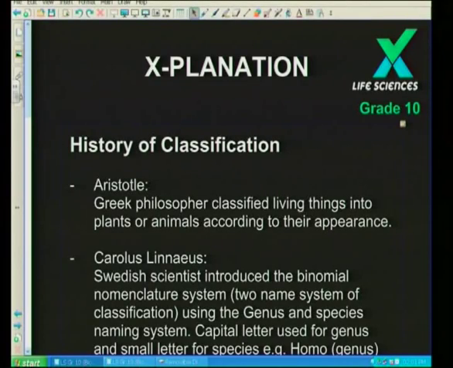Aristotle is a Greek philosopher. He classified living things into plants or animals according to their appearance. So now let us look at the first person. The first philosopher who brought about the classification system was Aristotle.